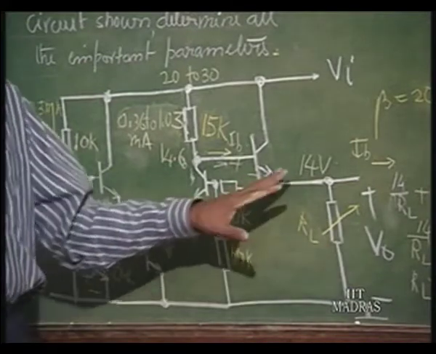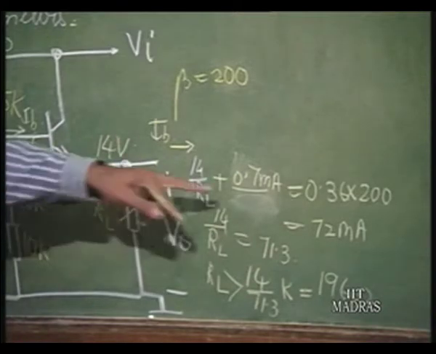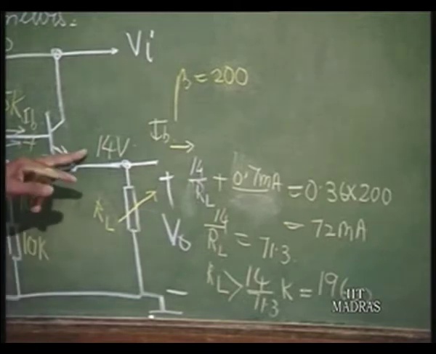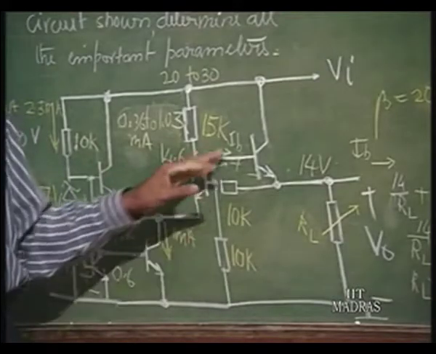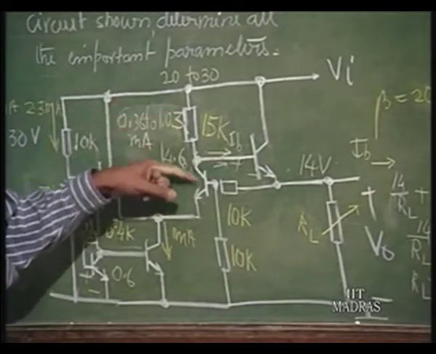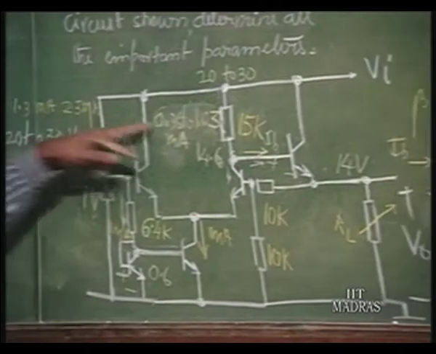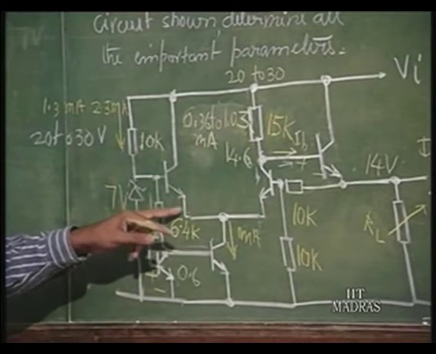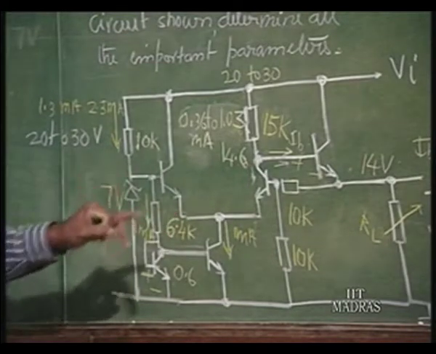Then what happens is this current is 0, the only current that is to be supplied is 0.7 milliamperes for this biasing circuit. 0.7 milliamperes divided by 200 is extremely small. Okay. So, most of the current in this will go into this. That is all right as long as it is 0.36, because if this 0.36 goes here, 0.64 will go into this, no problem.